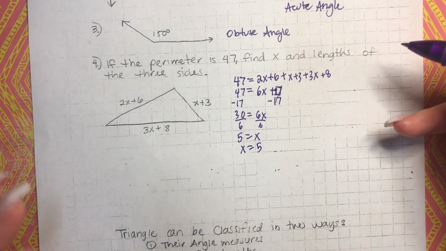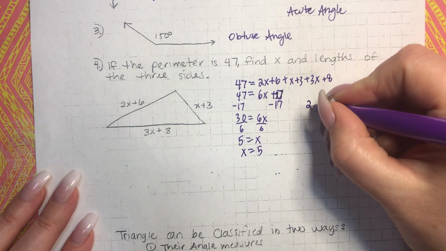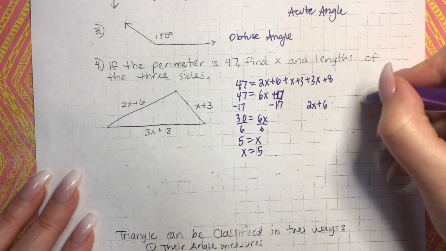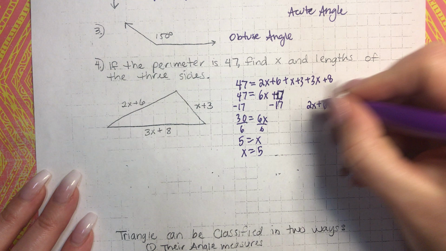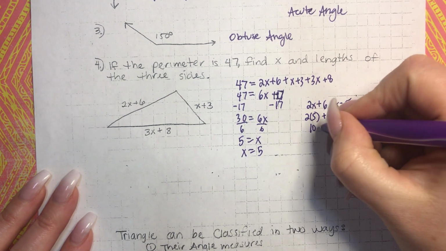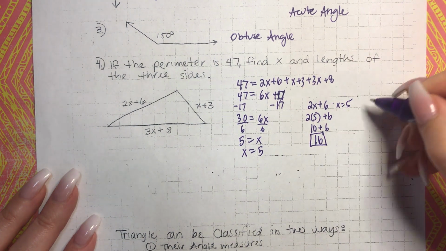And then we just need to determine each side. So I'm going to take the first one, 2x plus 6, when x equals 5. And so we substitute that in. 2 times 5 is 10, plus 6, so we know one side is 16.